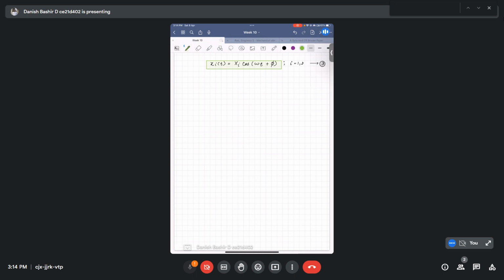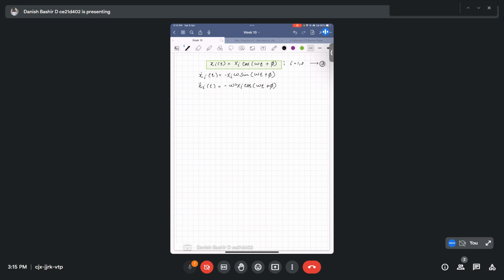So again, we will do the same thing here: we will find x dot and x double dot. Xi dot of t will be minus xi omega sin(omega t plus phi). And we require x double dot of i of t, which will be minus omega square xi cos(omega t plus phi).